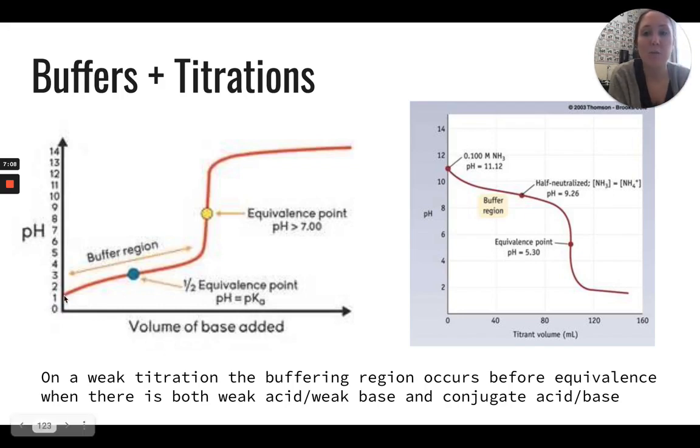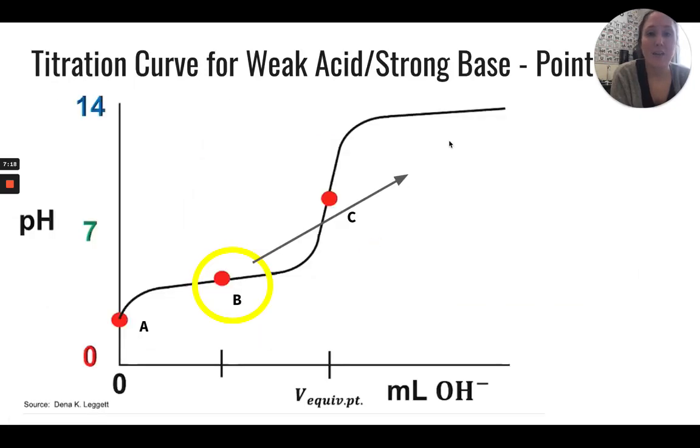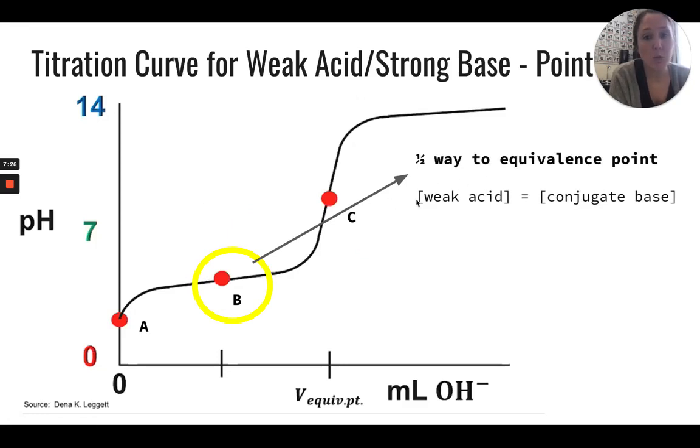That is true if I have a weak acid being titrated or I have a weak base in the opposite direction. So it's the point before equivalence. And again, if you look back to what I showed you the other day, at this point B, this is where my solution is a buffer. I'm halfway to equivalence point, and really anywhere in this range is.